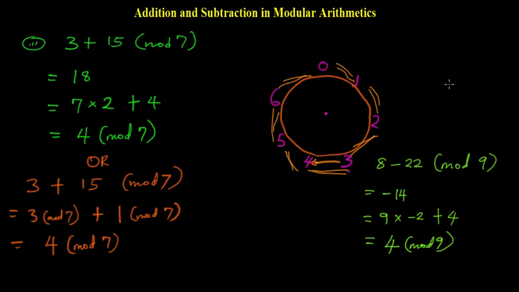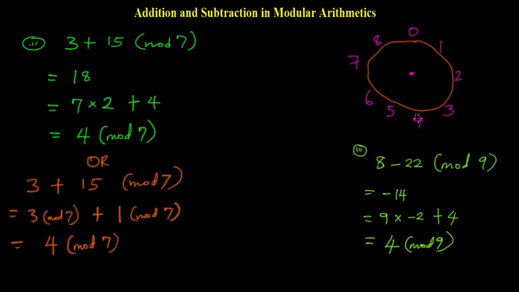Another method to confirm this, let's use the cyclic method again. We said 8 minus 22 gives us minus 14.